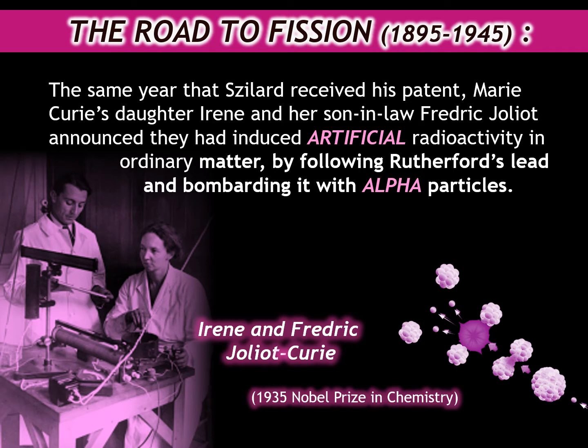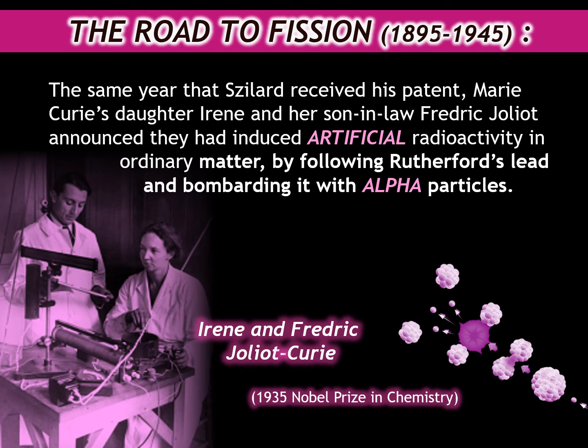They bombarded that ordinary matter with alpha particles. And what happened was they produced new versions of that ordinary matter that was radioactive itself. Why was it radioactive? Because it had absorbed extra mass, and they'd become extra heavy isotopes and somewhat unstable. But they'd done this with relatively ordinarily low mass elements. And so they won the 1935 Nobel Prize in Chemistry.